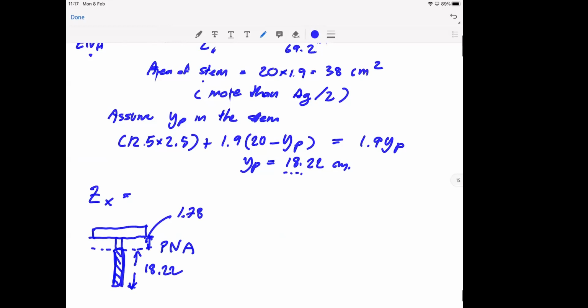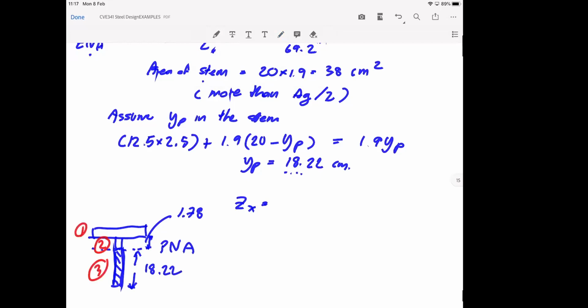Is that right? And then you have the flange. So that means your Z_x is now equal to, let's take it one by one. You don't need to hurry. Just keep calm and draw a proper picture. It's piece number 1, number 2, and then number 3.